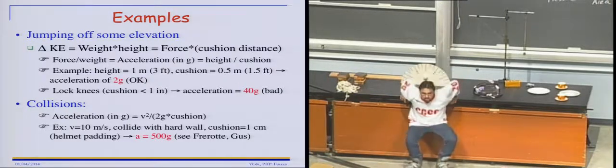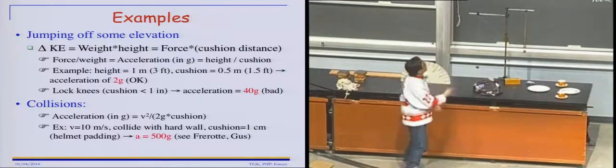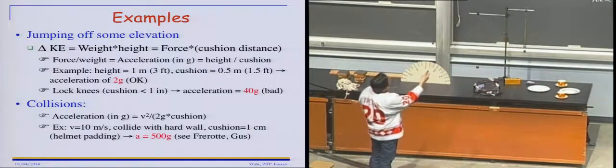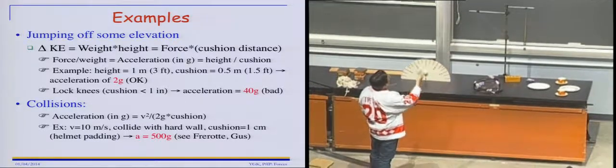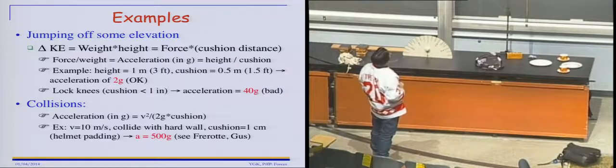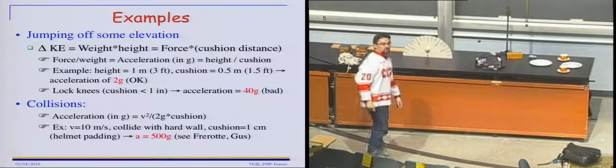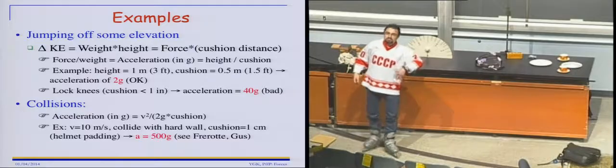So if I jump and bend my knees, I apply this force over some relatively large so-called cushion distance, which reduces the force. So if I jump from an elevation of 3 feet, and I bend my knees well, so that's 1.5 feet, I produce the acceleration of a couple of g's. That's generally okay.